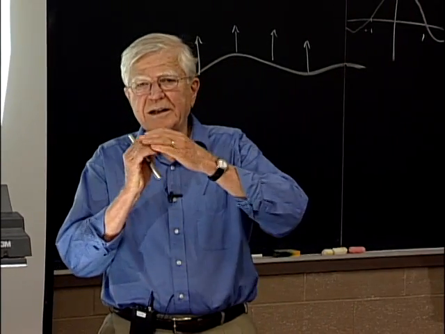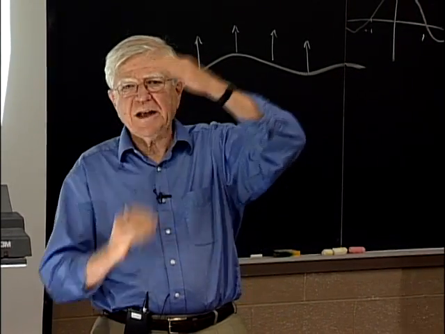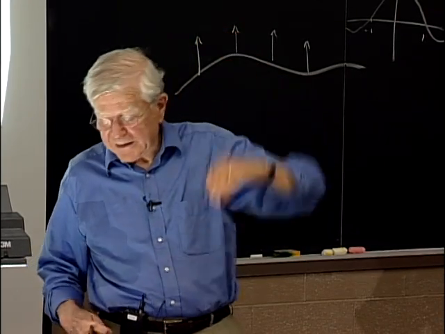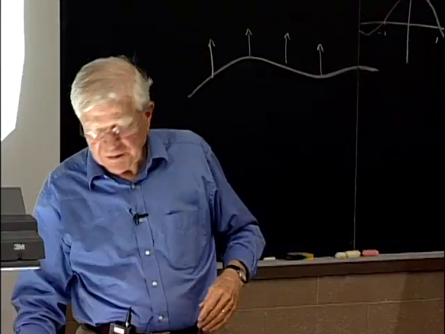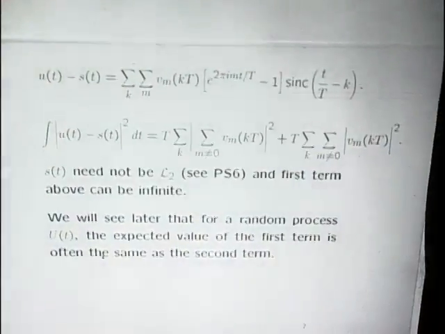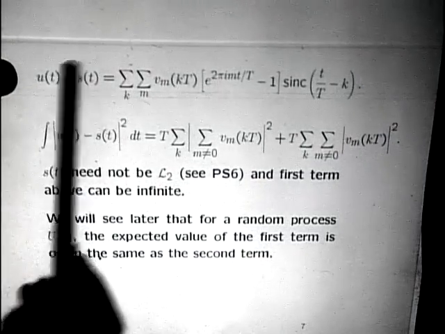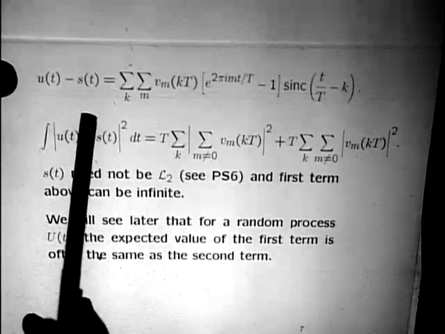As soon as you get a function which spills out into higher frequencies, you can in fact have these samples coming up with infinite energy in them. And at that point, this difference here can have infinite energy.